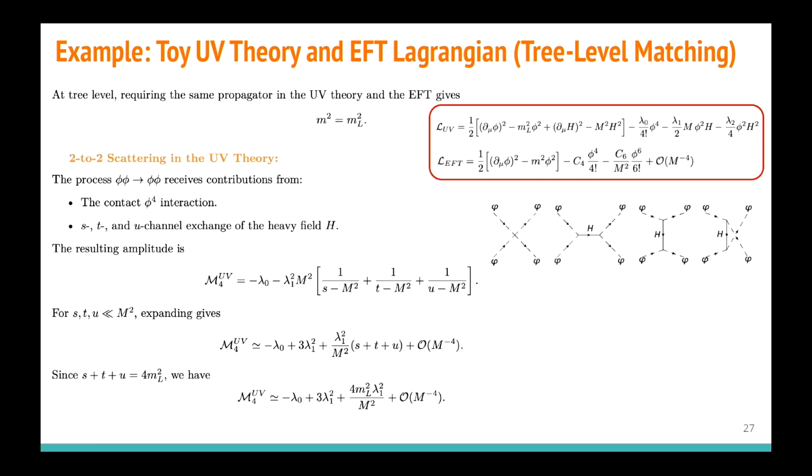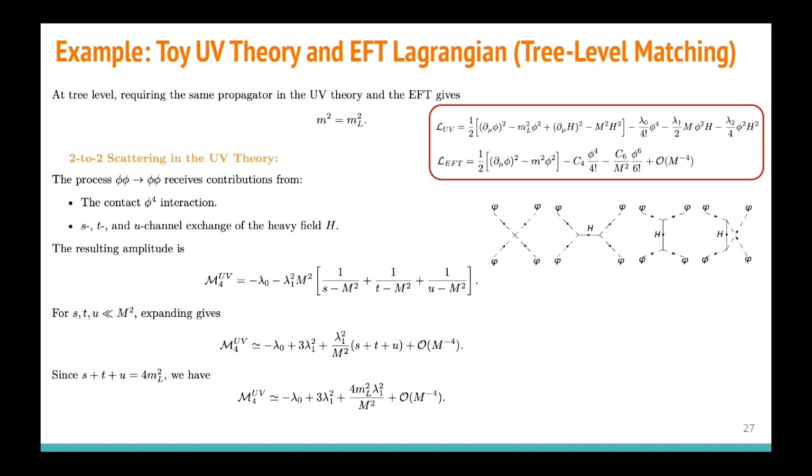So we will have a term proportional to lambda 0, which comes from this 4-point interaction, and then we will have all these 3 terms. We will have an S channel, a T channel and a U channel. These S, T and U are the Mandelstam variables, as you know very well.